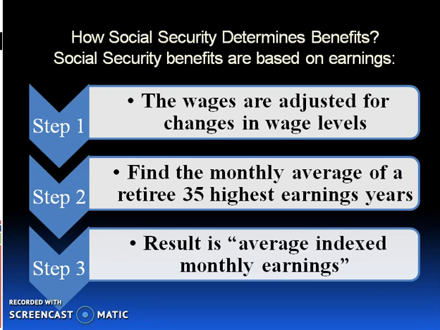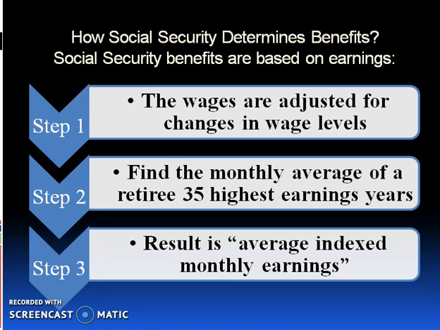So, how does Social Security determine benefits? Social Security keeps a record year to year of the base, it's called the ceiling. When you apply for benefits, computers at the agency will adjust or index your wage history to account for changes in average wages since the years that you received the earnings.